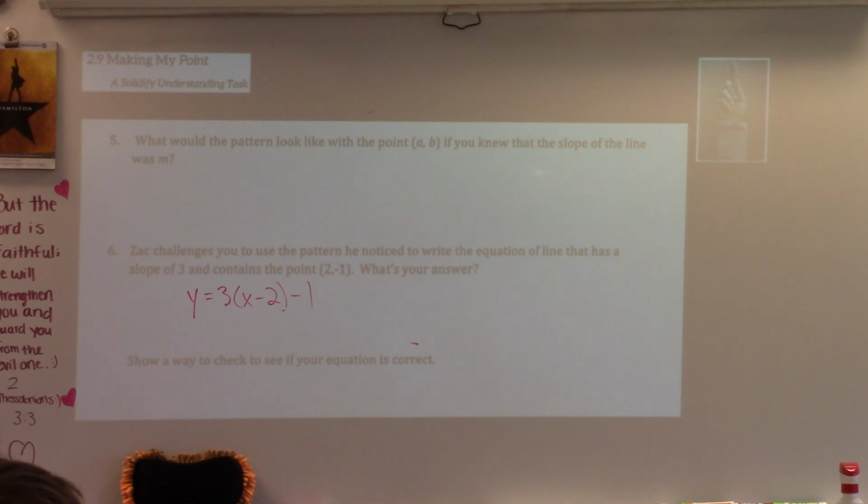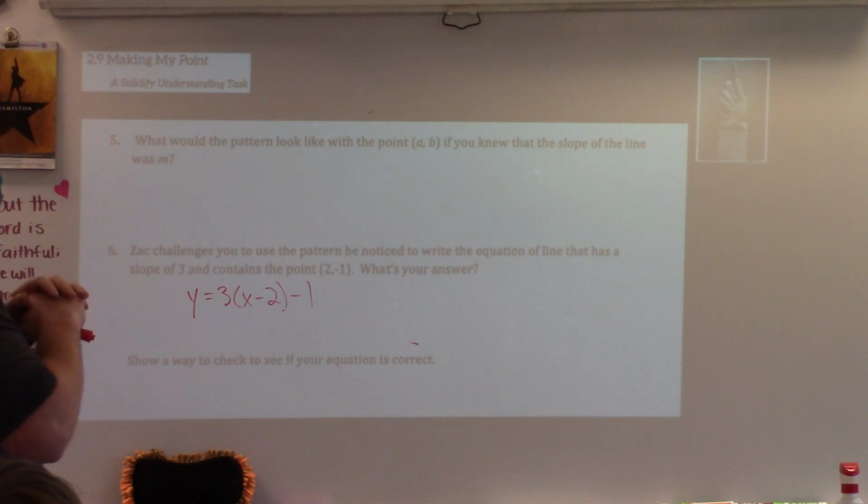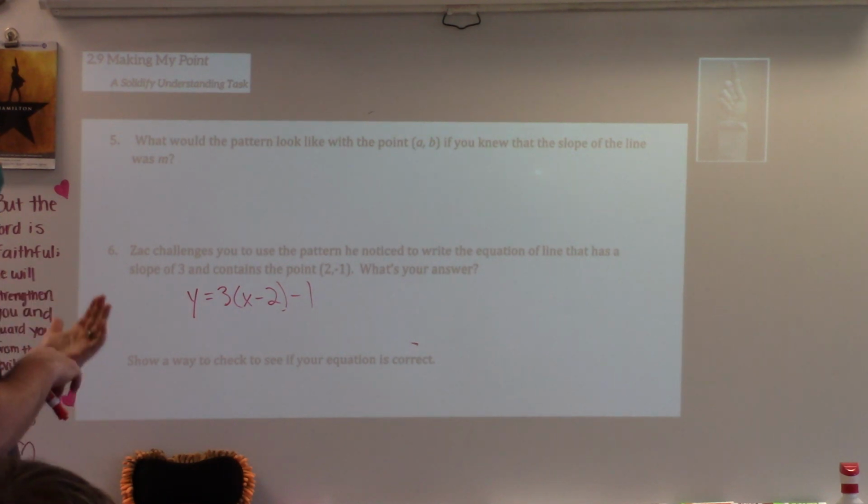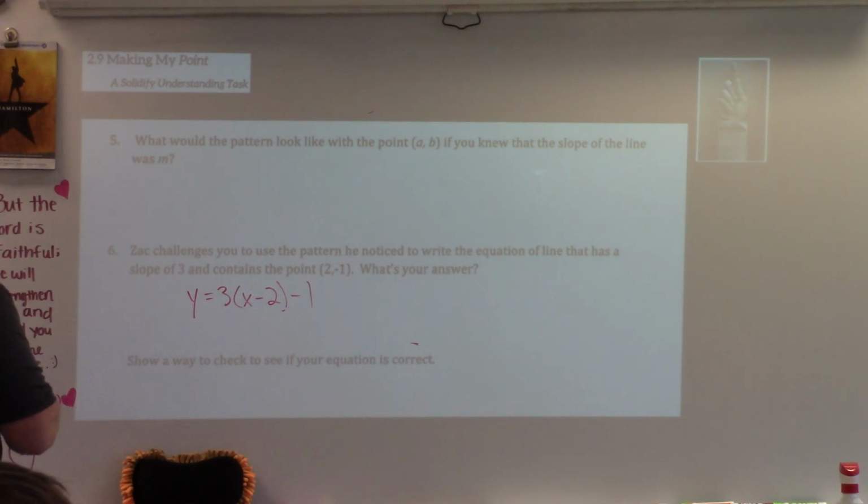Overall, if we were to look at a graph or a table, every point on the graph and every point on the table should make that equation true. You can make a graph by hand to do it.